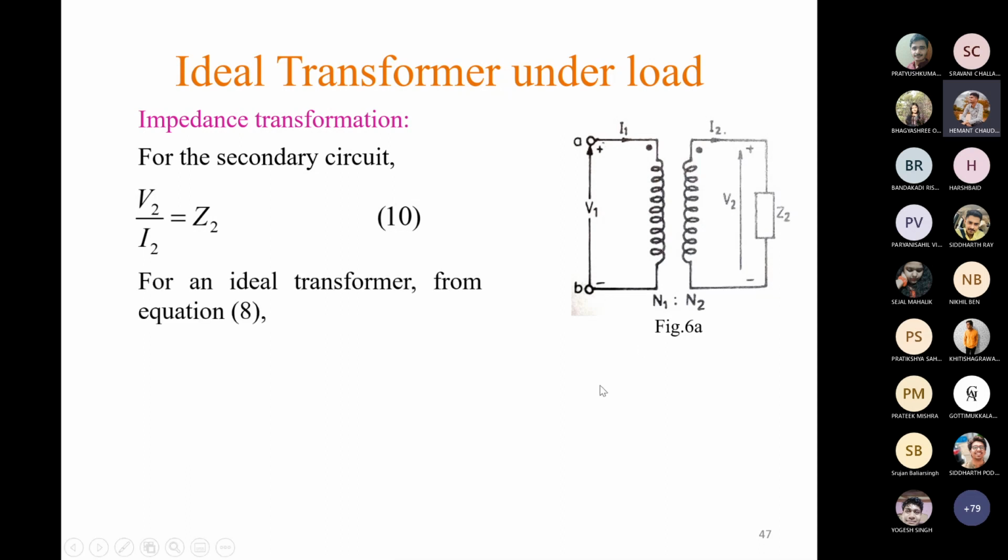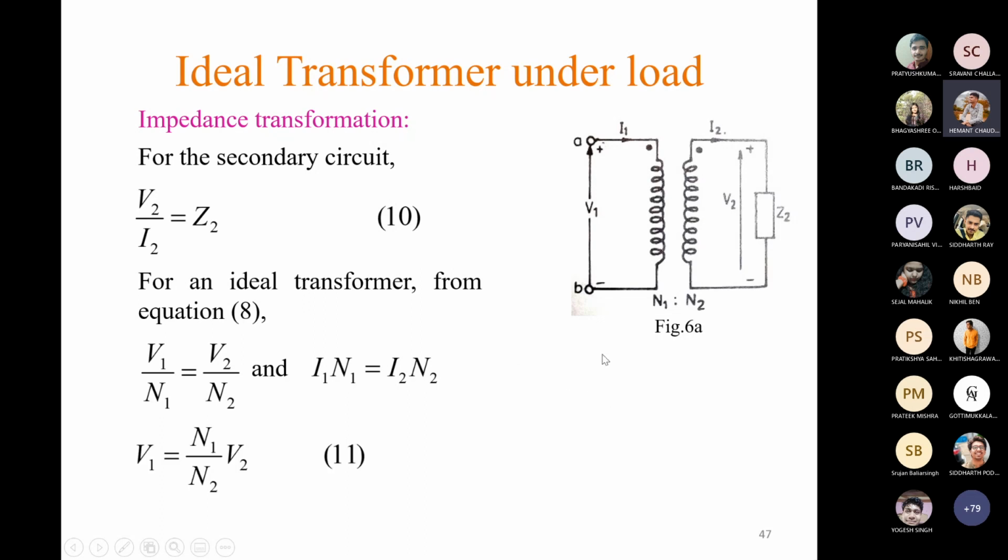Now for an ideal transformer, from equation 8 we can write this equation: V1 by N1 is equal to V2 by N2. Recall equation 8, V1 by V2 is equal to N1 by N2 is equal to I2 by I1. So from that equation we can write V1 by N1 equals V2 by N2, and N1 by N2 is equal to I2 by I1, so we can write I1 N1 equals I2 N2.